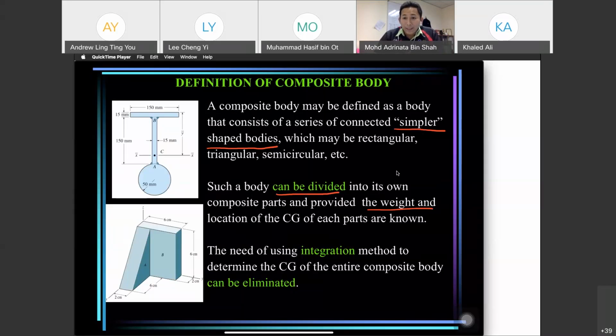So we can find the center of gravity for each part. The need for using the integration method to determine the center of gravity of the entire composite body can be eliminated. Integration is for simple shapes. Okay.